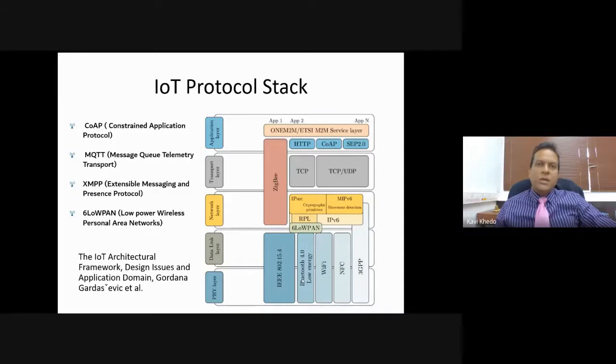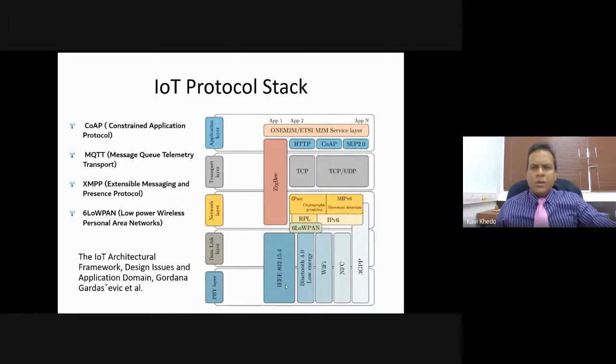Most IoT devices use this protocol, just like Wi-Fi uses IEEE 802.11. Most of your sensor devices are not Wi-Fi enabled as such. They use IEEE 802.15.4 instead.